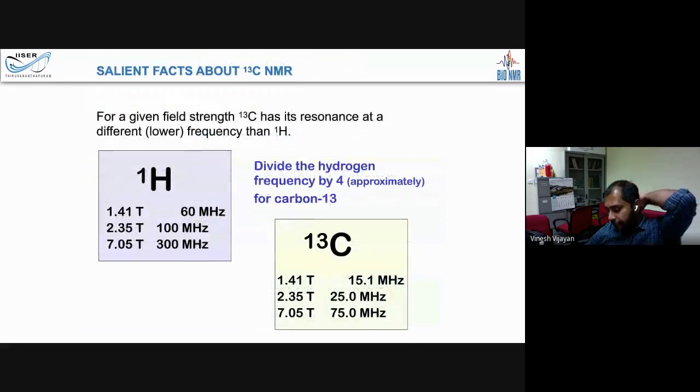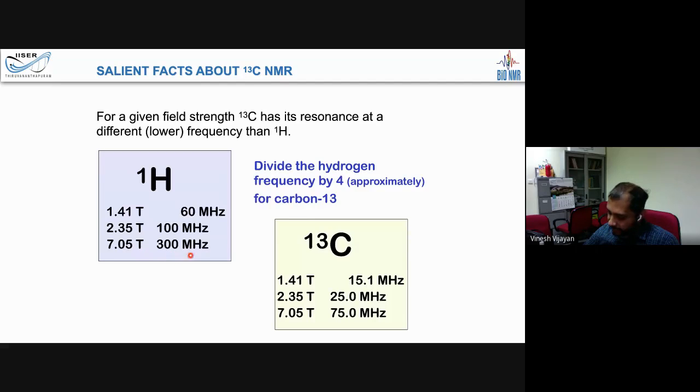You can use the same magnetic field to measure. At 1.41 Tesla, the proton resonance frequency is 60 megahertz, while carbon will be 15, divided by 4, because gamma is divided by 4. At 2.35 Tesla, it's 100 megahertz for the proton and 25 megahertz for the carbon.